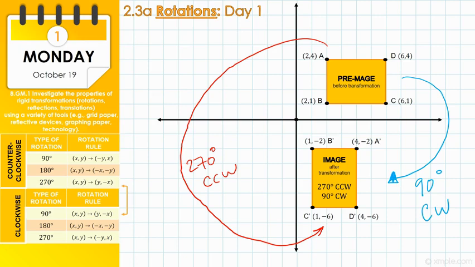If I'm moving one quadrant away and I'm going clockwise, here we'll look at C to C prime.